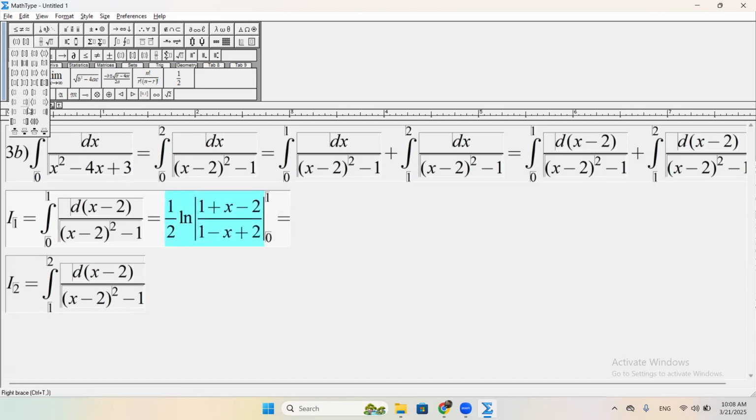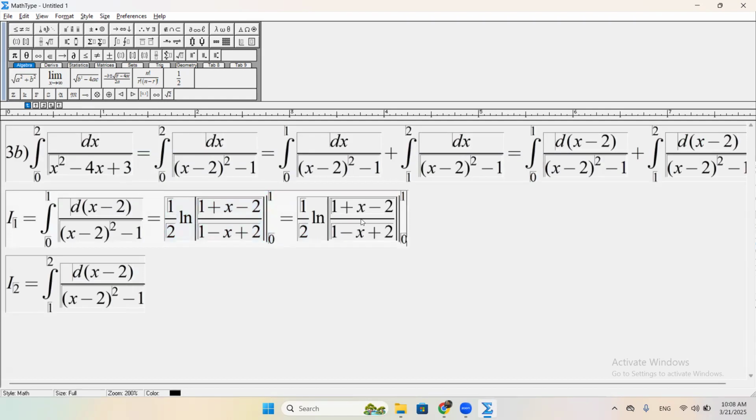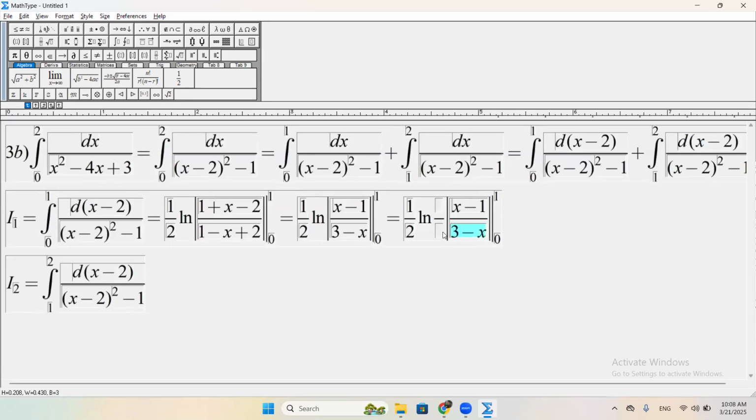Let's do it like this: a logarithm of x minus 1 and 3 minus x. Let me check what we have here. Let's remove this module.